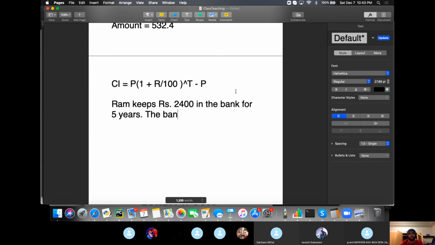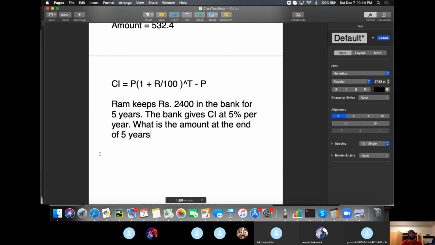The bank gives compound interest at 5% per year. What is the amount at the end of 5 years?